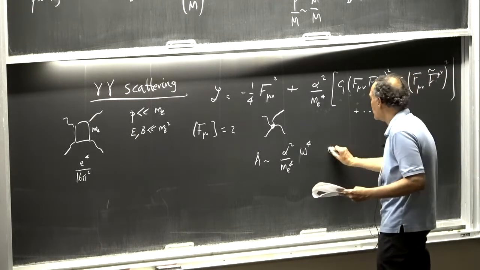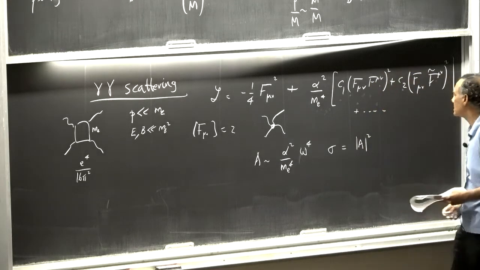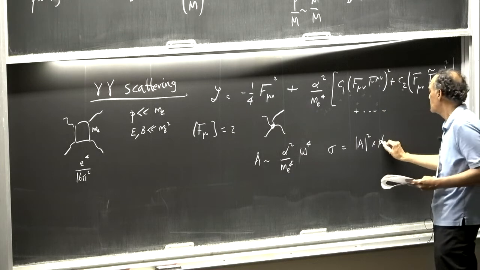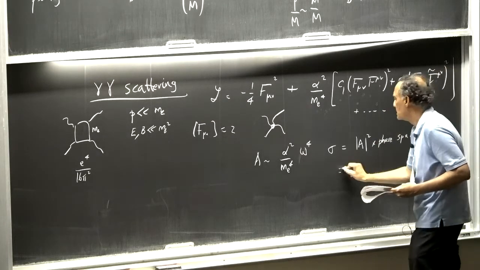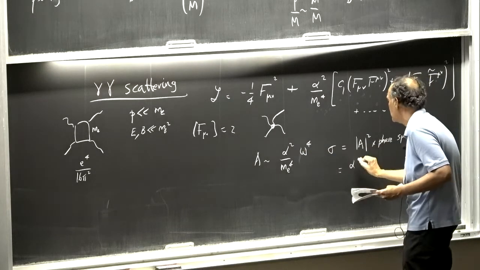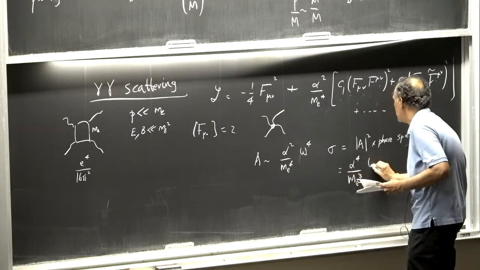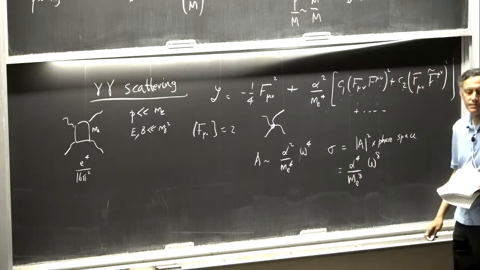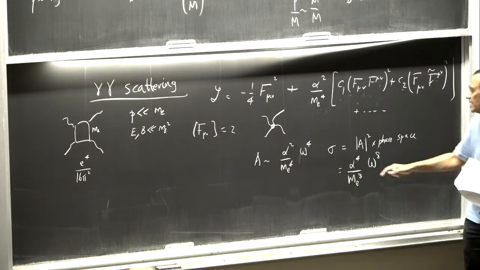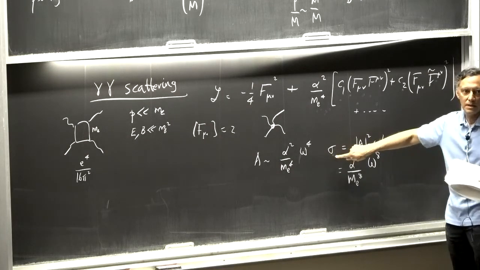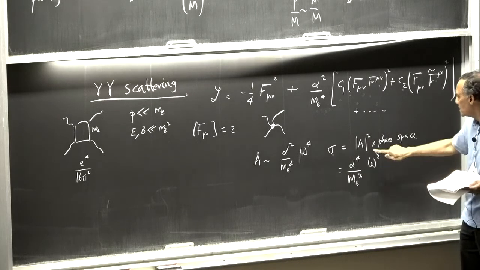And therefore, the cross section, which is the amplitude squared times phase space, is, if I square this, alpha fourth over m_e to the 8, omega to the 8. And now phase space has to have the right dimensions to get an area, which is 1 over mass squared. So this is dimensionless.